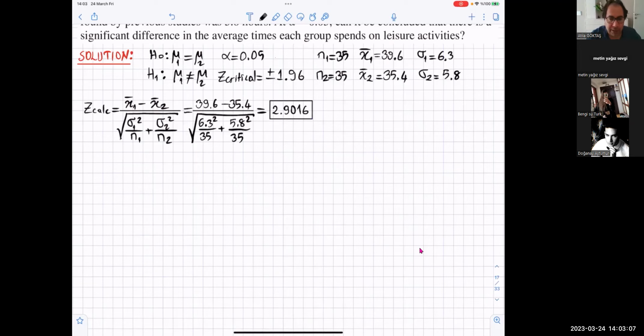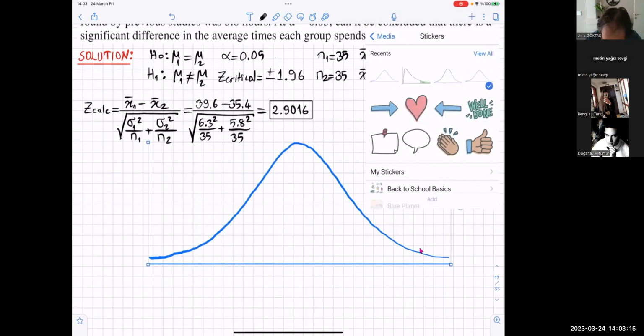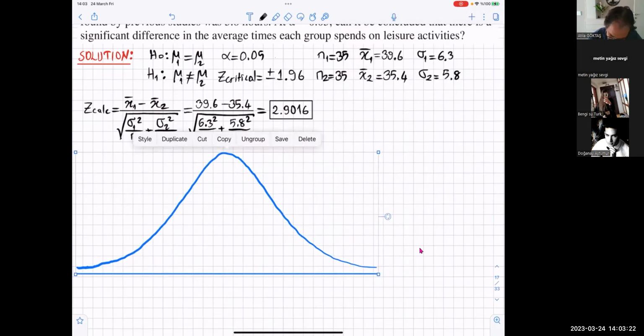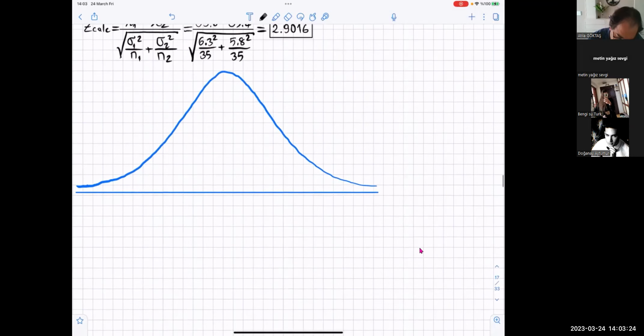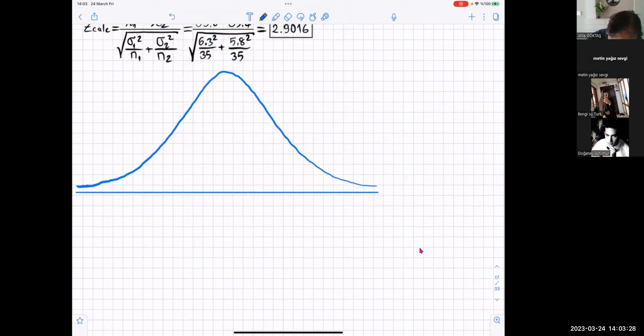Okay, and I have two critical values. I'll try to display the Gaussian distribution and show you the two critical regions, one on the left, one on the right.